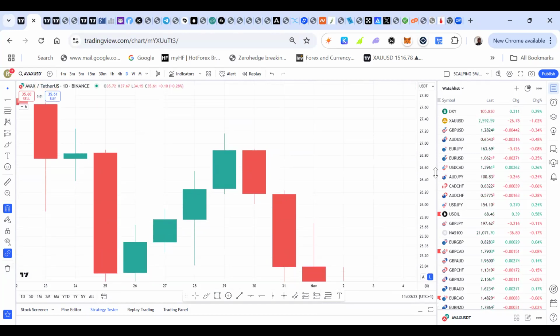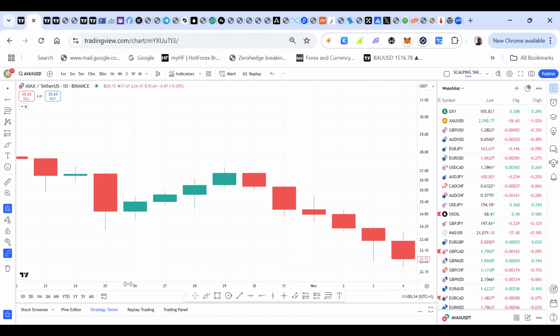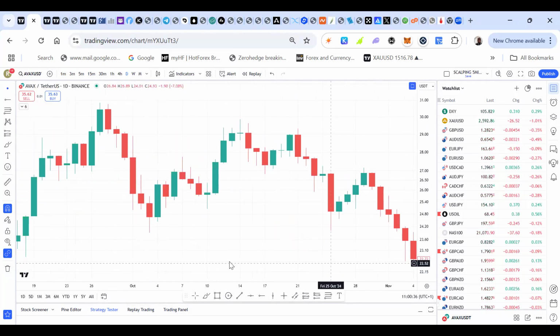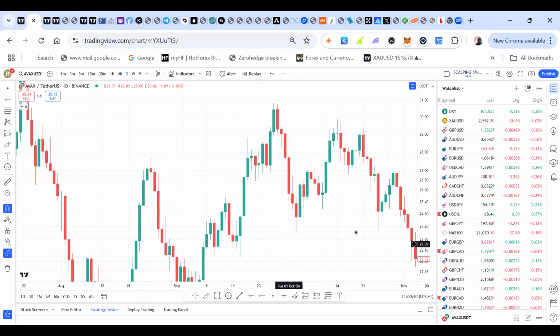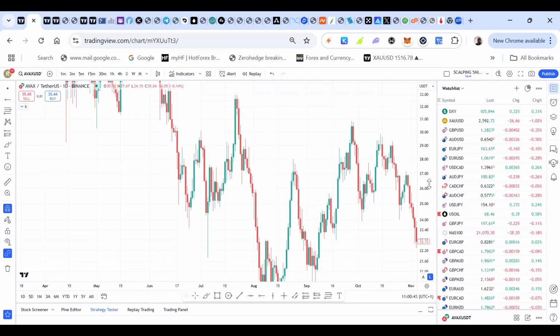Okay, so I want to show us now support and resistance. Now, this is the candlestick, this is the chart.